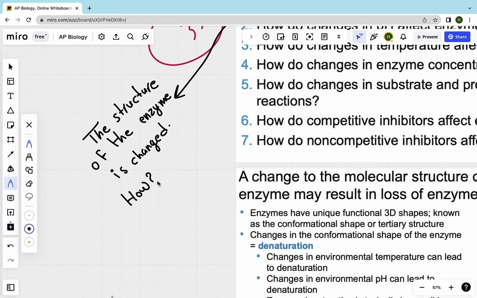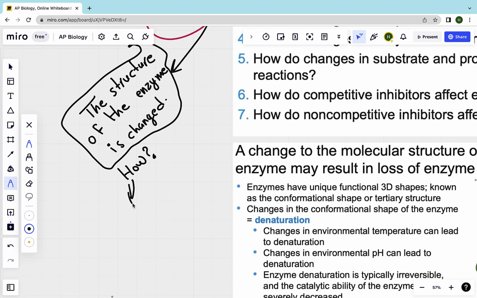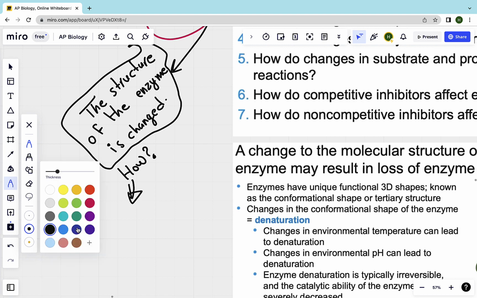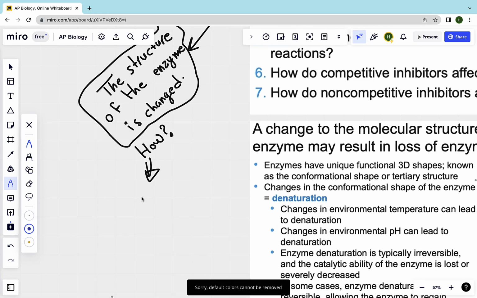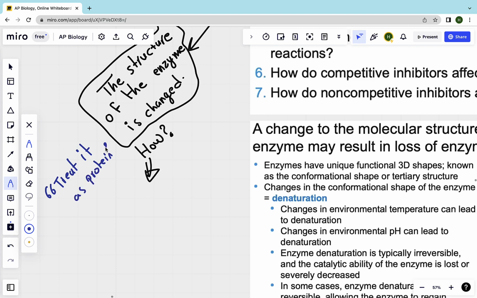Now, here we can raise another question. How can we change the structure of the enzyme? Temperature and pH. Aisha, can you answer please? Yeah, because we change the temperature and pH. Very good, because you treat it as a protein. How does the pH affect it?